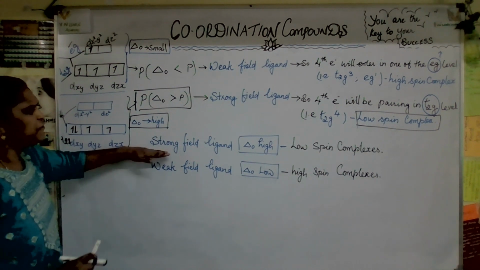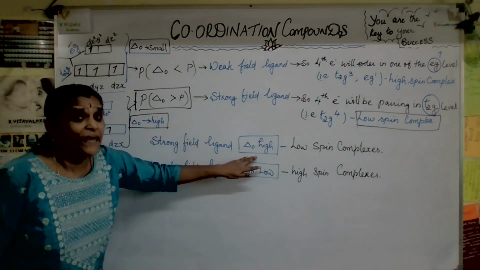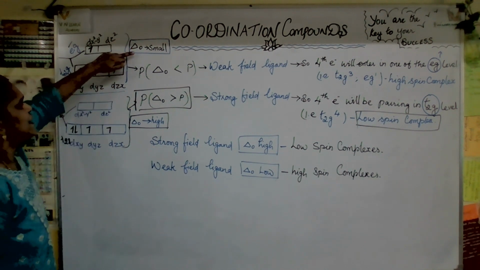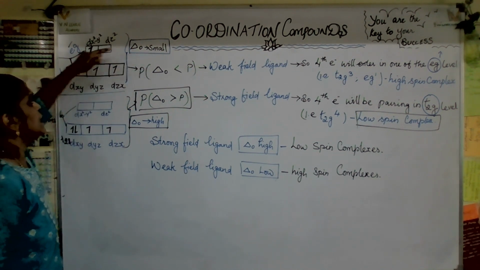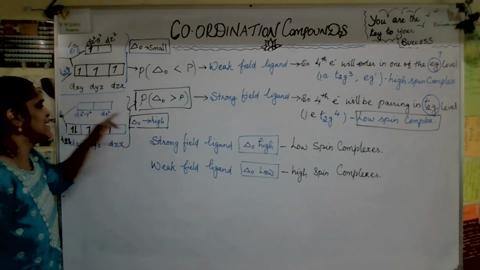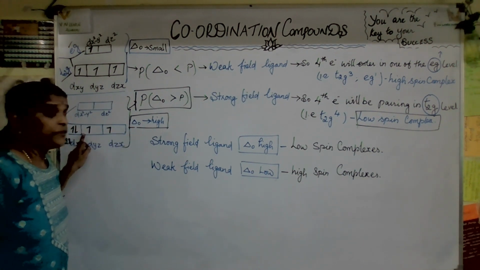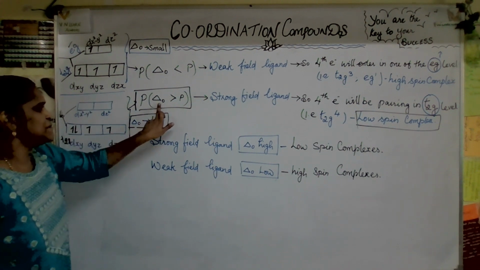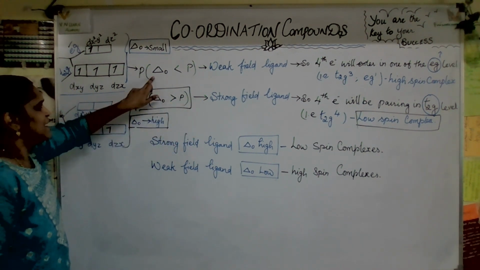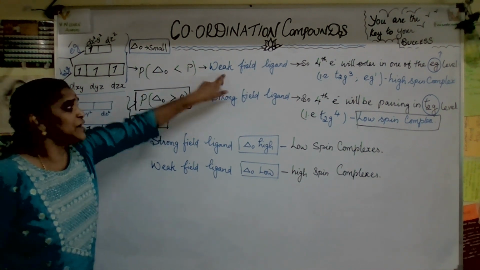Now, for a strong field ligand, delta naught will be high. Why am I saying that? Because delta naught is small in a weak field ligand and high in a strong field ligand. Delta naught is greater than P in a strong field ligand, and smaller than P in a weak field ligand.